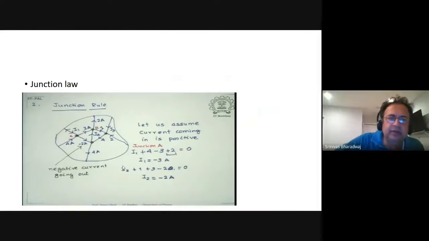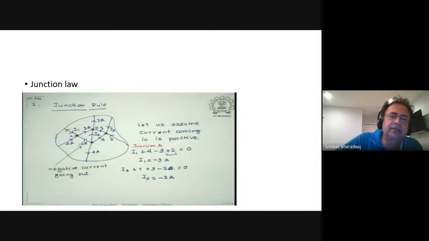Now here's a really complicated junction. How many equations can you get? Typically, people pick all these junction points: A, B, C, D. Using these junction points, they say I1 plus 4 amps equals 3 minus 2.